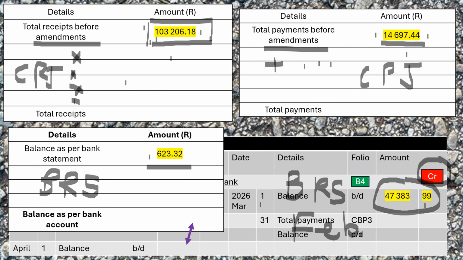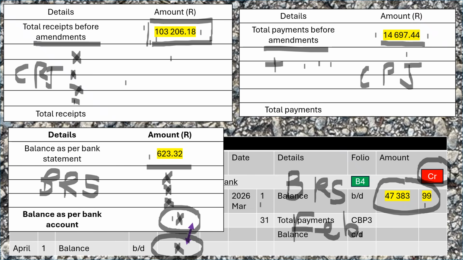And then what we're working towards, when we fill in all the reconcilable items, you will get a balance as per the bank account here. And when you balance this bank account, these two amounts will equal if you've reconciled correctly.